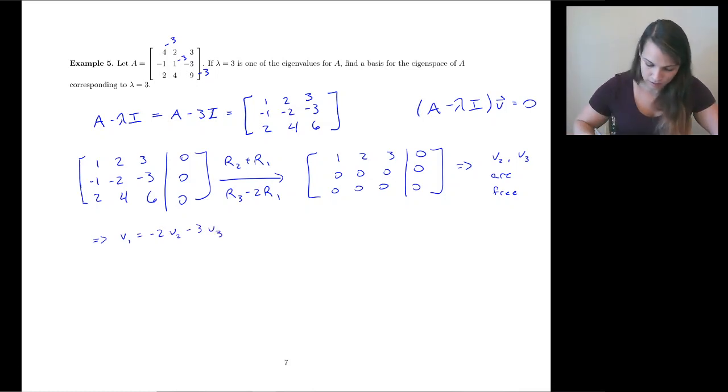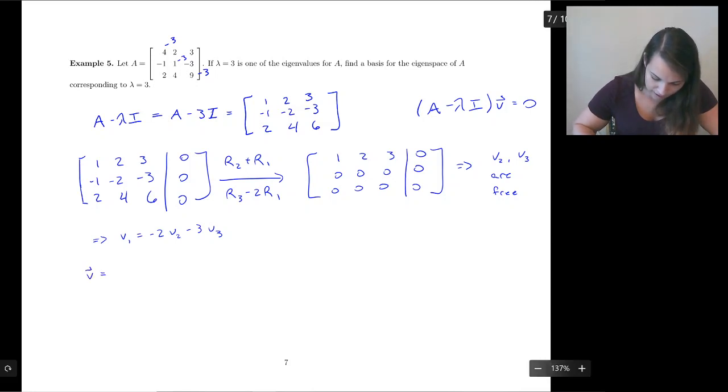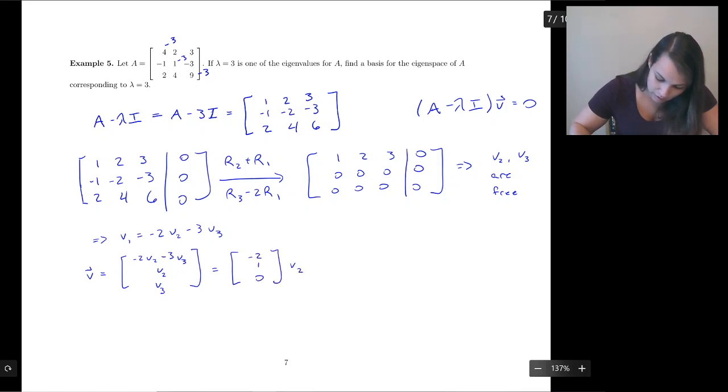Sounds good. So then our eigenvector can be described as negative 2 V2 minus 3 V3, V2, V3. And then we can split this up. Negative 2, 1, 0. Negative 3, 0, 1.